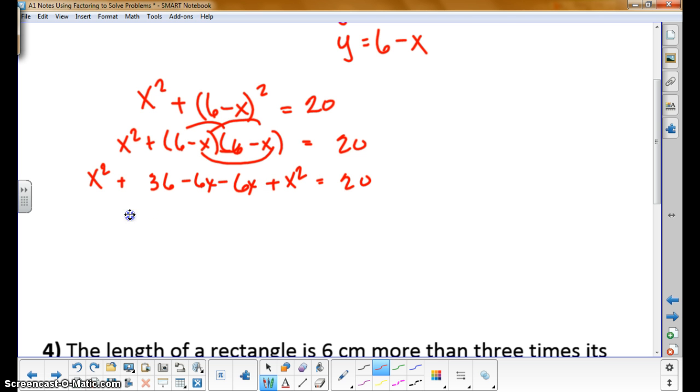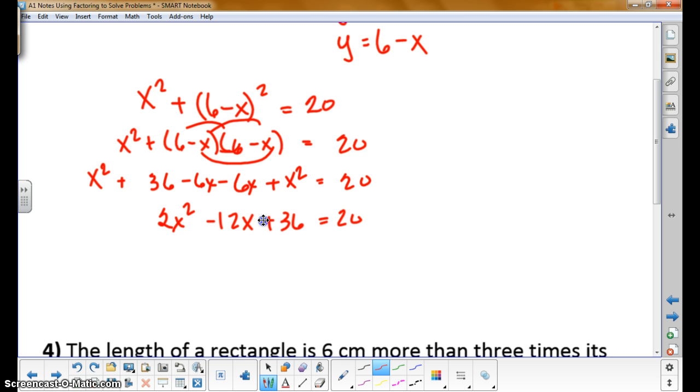Combine some like terms. I see 2x squared. I see negative 6 and negative 6 is a negative 12x. And I see a 36.